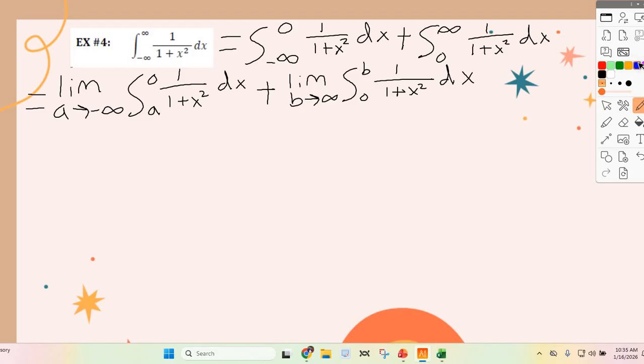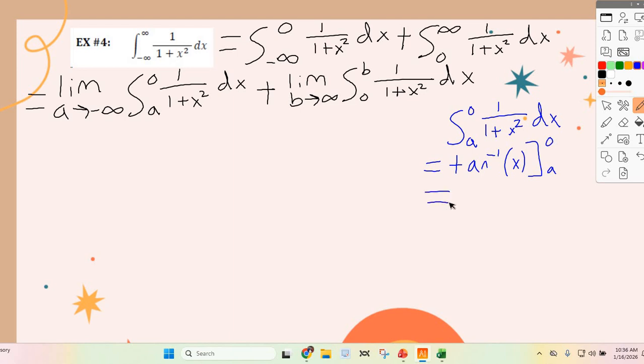So our first one, we have the integral from a to 0 of 1 divided by 1 plus x squared dx. What is our antiderivative of that? Tangent inverse of x. And we're going from a to 0.